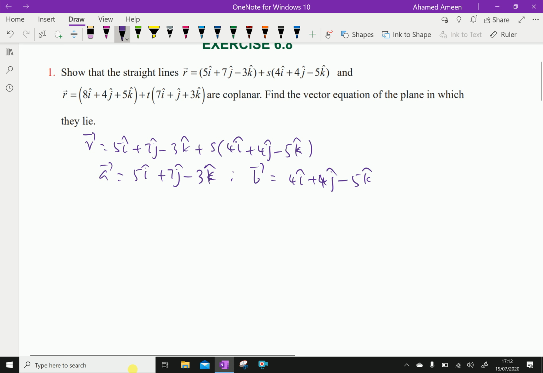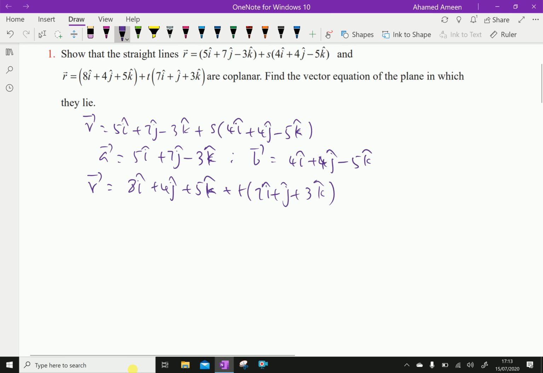Now the second line is r vector equal 8i plus 4j plus 5k plus t times 7i plus j plus 3k.